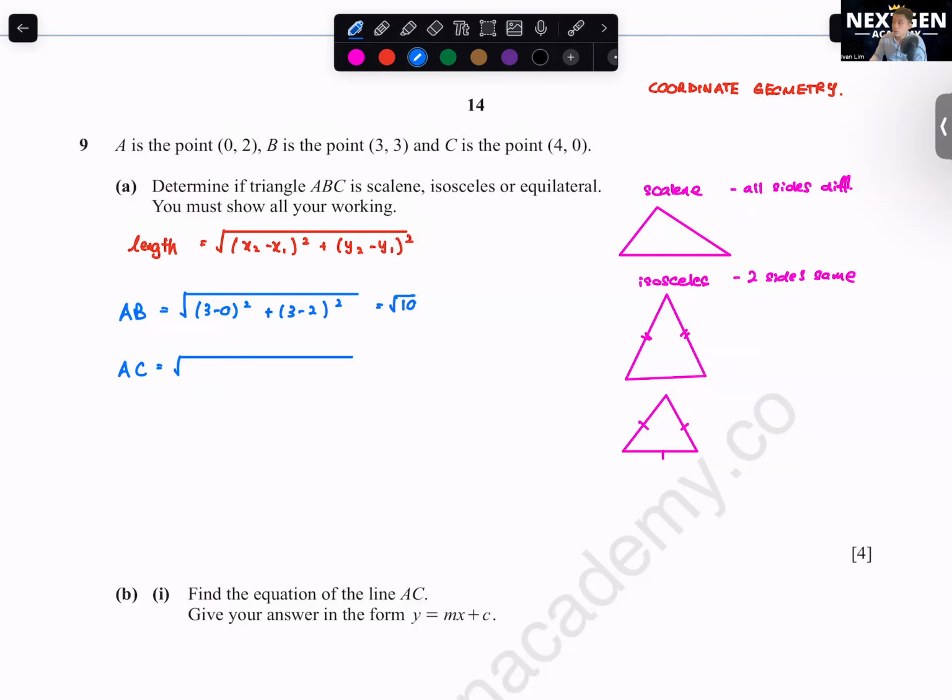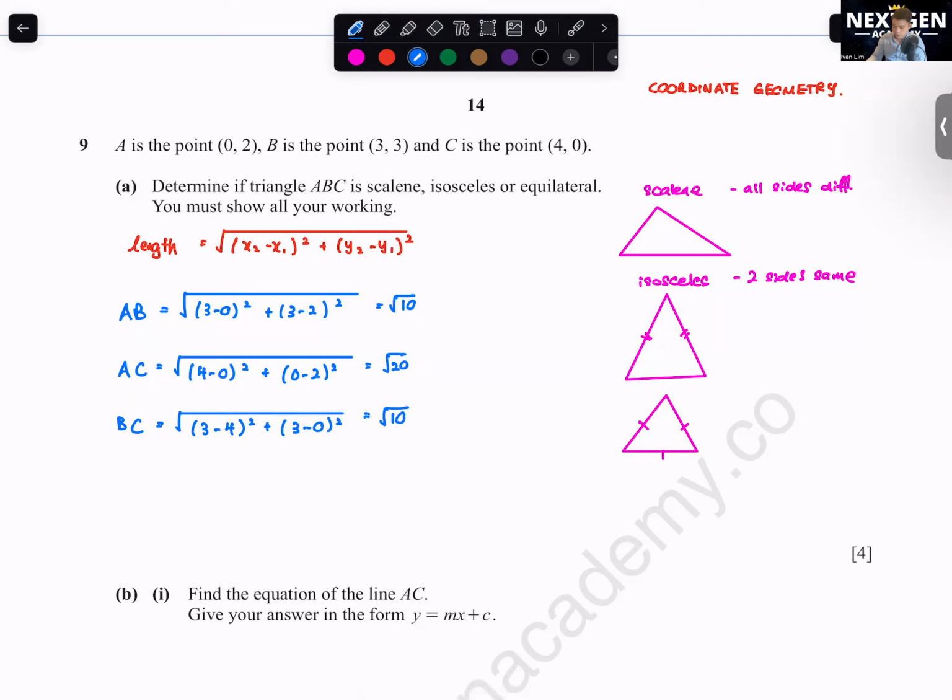AC, we will get (4 minus 0) squared plus (0 minus 2) squared, root 20. BC, square root of (3 minus 4) squared plus (3 minus 0) squared. We will get root 10.